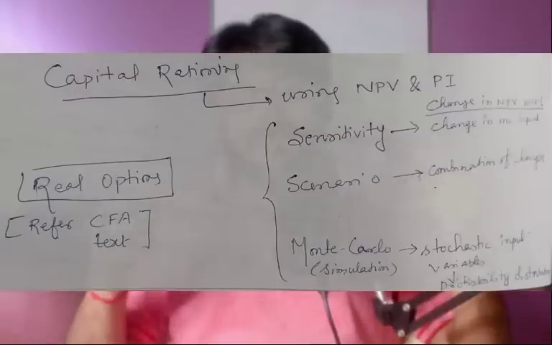There is also a discussion of sensitivity, scenario analysis, and Monte Carlo simulation. So what is sensitivity? You're changing one input and seeing how your NPV changes in response to that. That is the sensitivity of your NPV with respect to that input. Now, what is scenario analysis?